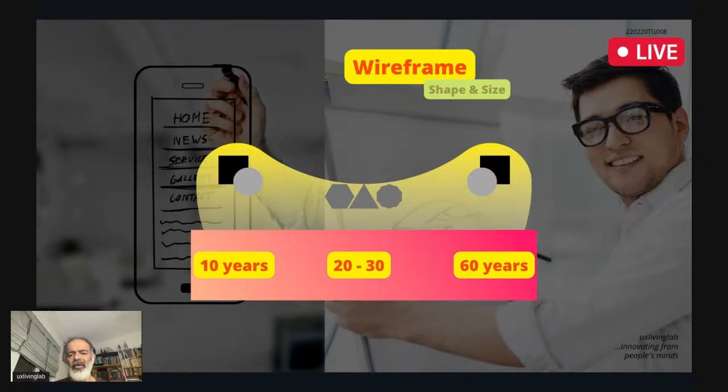So better go for different shapes or variety of shapes if your persona is in middle age. For the elders and youngsters, I'm not talking about the teens, it's around 10 years, it's better to go for squares and round shapes.